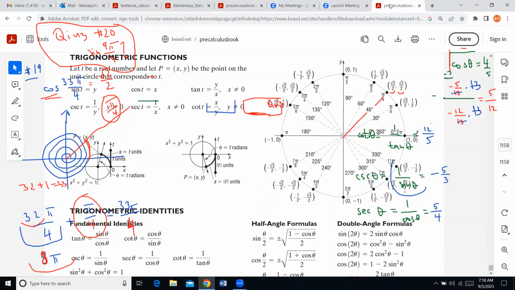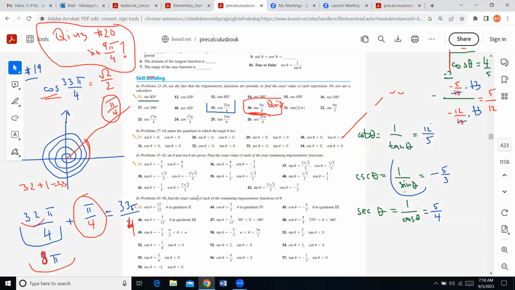And you don't do anything with the 33 pi over 4? There is no 33 in this exercise. There is 9. I'm talking about 19. So 33 pi over 4, I split it as 32 plus 1.